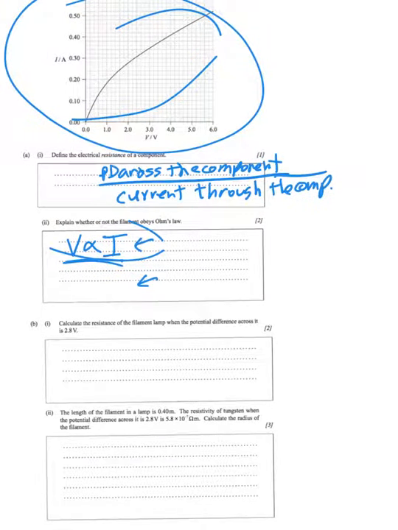Okay, next part. Calculate the resistance of the filament lamp when the potential difference across it is 2.8 volts. So what I'm going to do is go to the 2.8 here and measure it up to the line, which is about there. And I'm going to see what the current is at that point. It looks like it's about 0.33, 0.34.